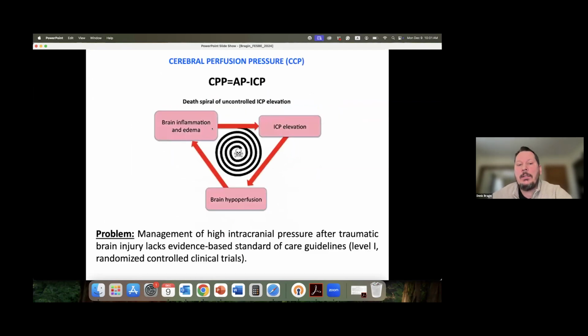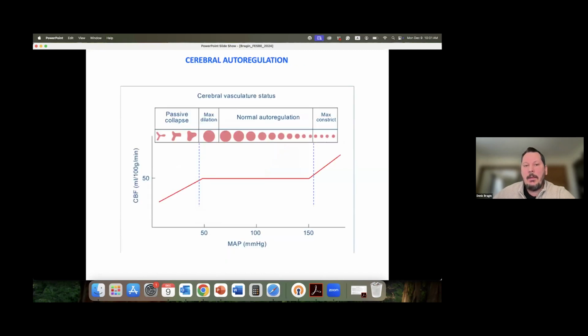An increase in intracerebral compartments causes ICP elevation, which reduces cerebral blood flow, and it's a vicious cycle of increasing intracranial pressure and brain pathology. And there is no evidence-based standard of care guidelines for this pathology.